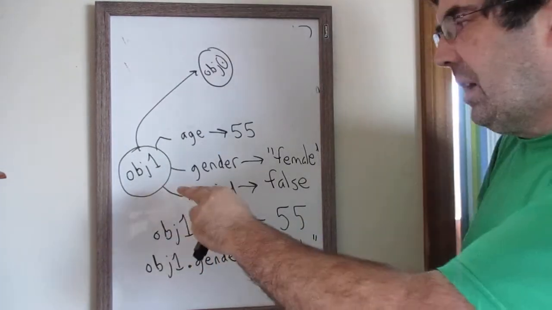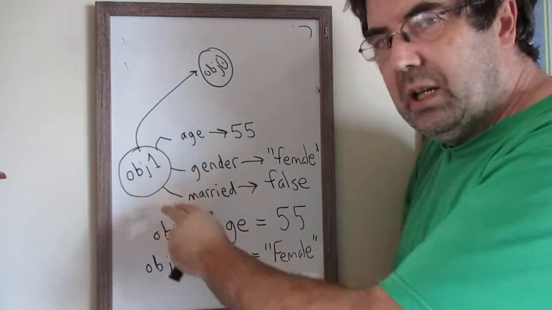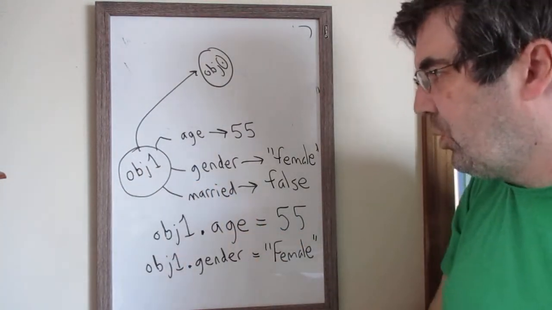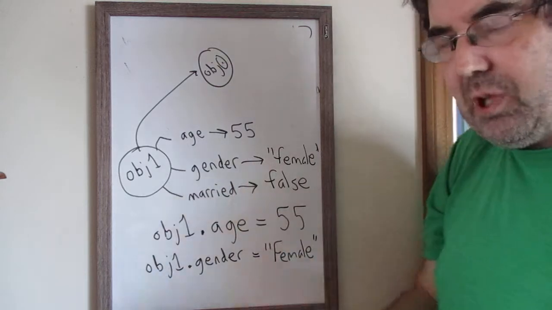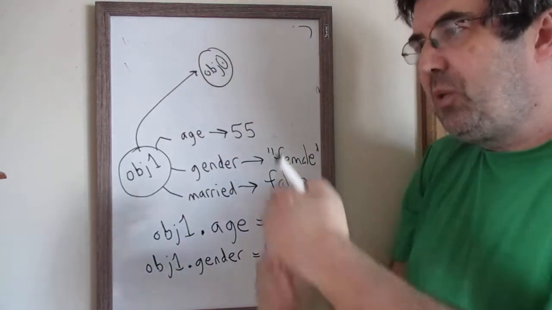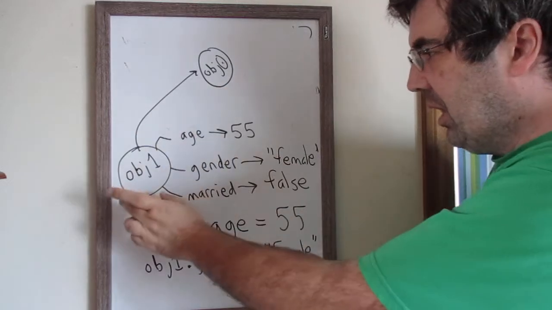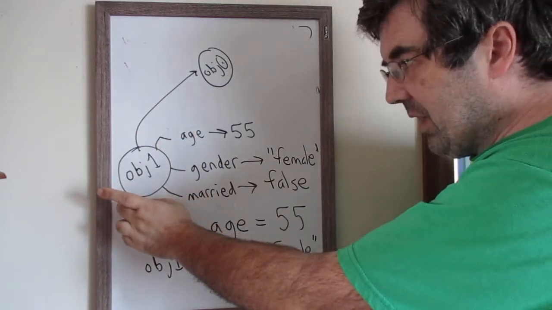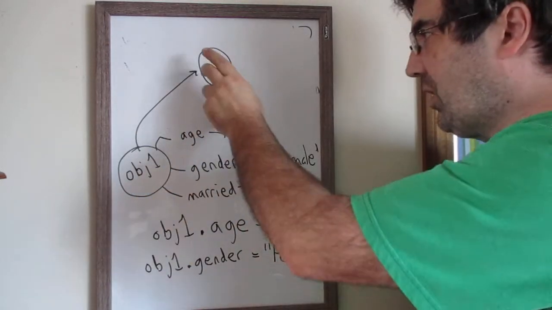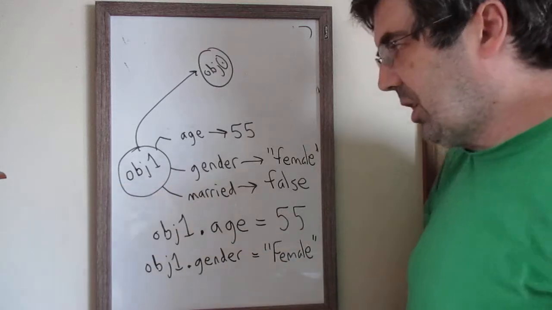So every JavaScript object has an access pointer to a second JavaScript object, which is called its prototype. So this object is a prototype of the object that I was talking about, or the prototype object of the object I was talking about.